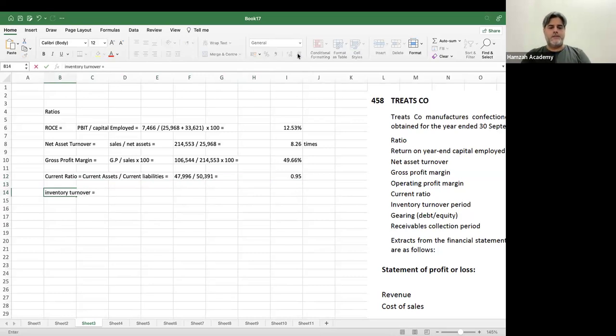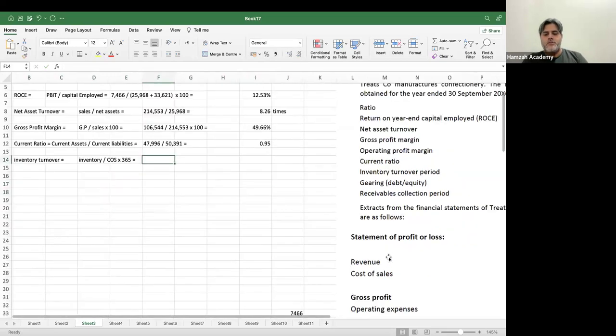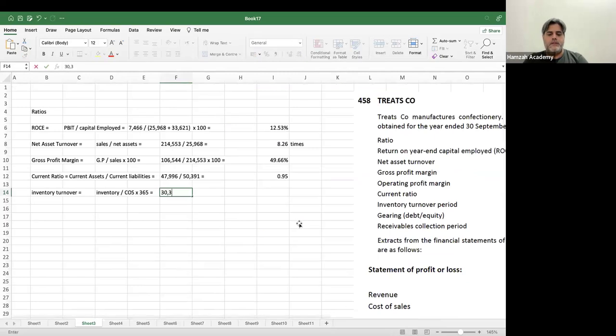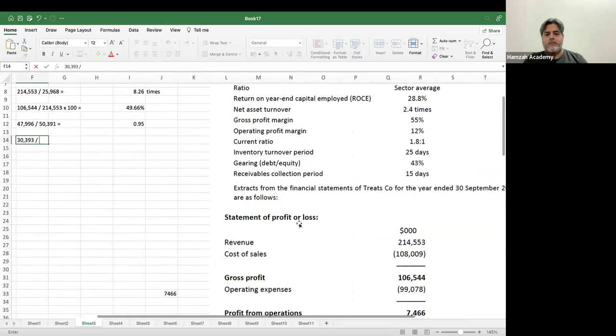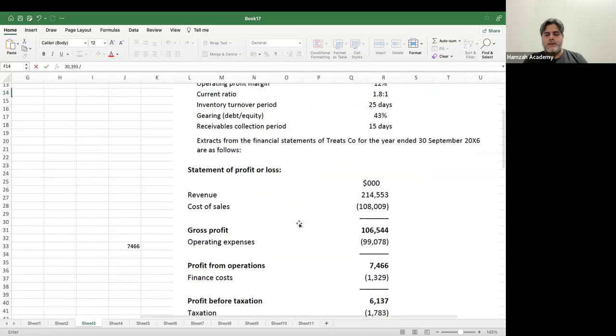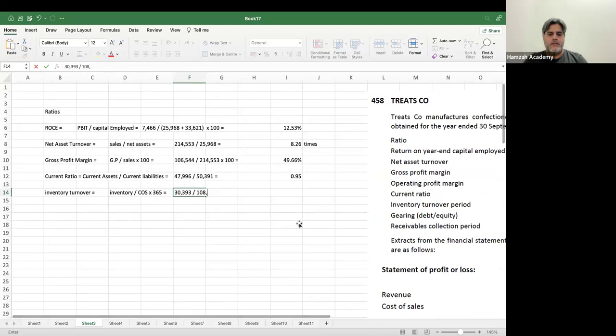After the current ratio, we have inventory turnover. That's going to be inventory over cost of sales into 365. The inventory is 3393 by cost of sales, and cost of sales is 108,009, into 365.